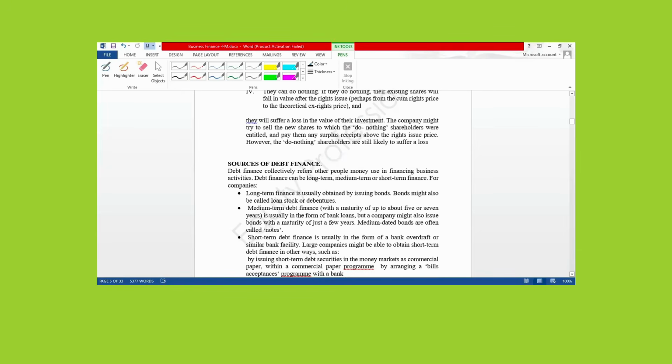Debt finance can also be long-term. Debt finance can be medium-term. Debt finance can be short-term.